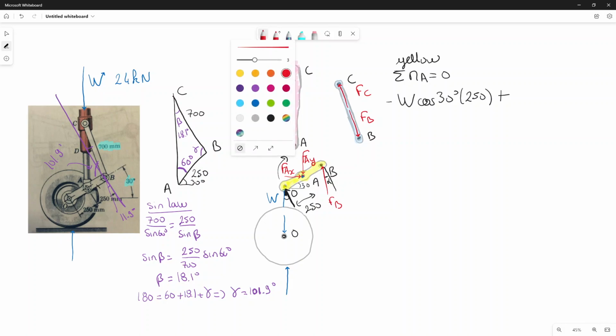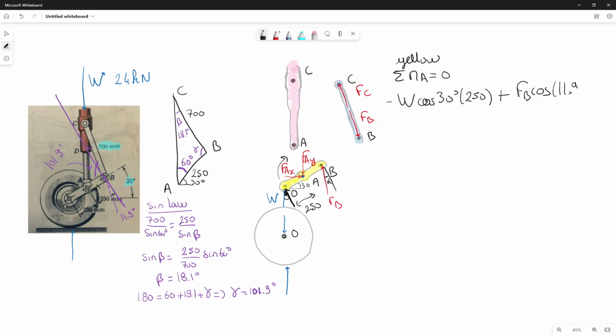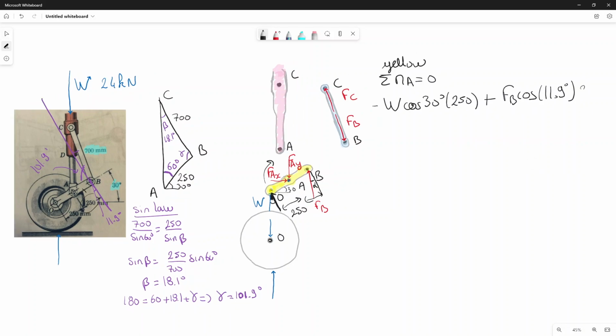So we have plus FB cosine 11.9 degrees, times this distance, that is 250, equals 0. So we got FB equal W times cosine 30 divided by cosine 11.9 degrees.